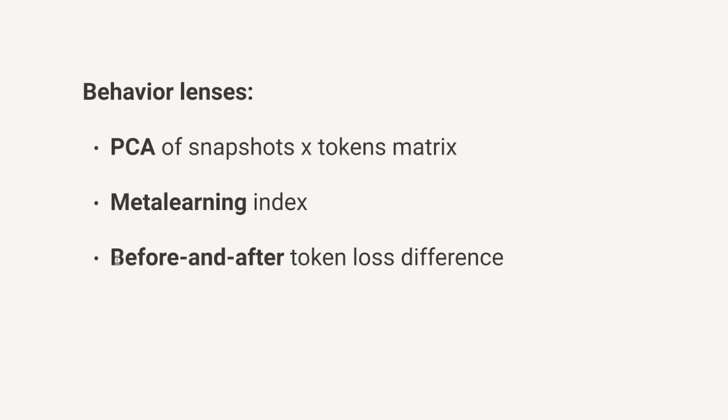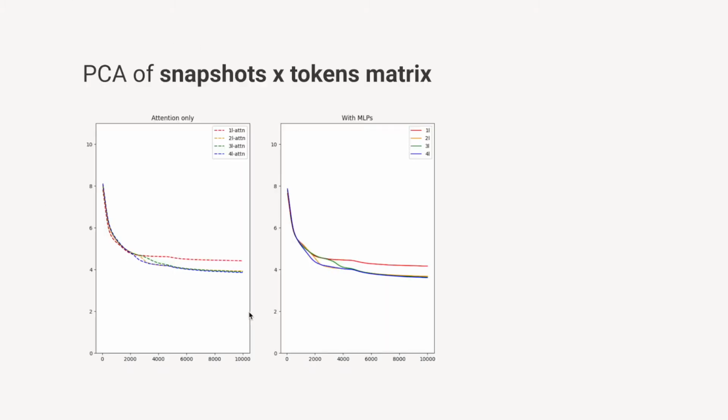And then I'll also look at this before and after token loss difference. That is to say, the overall difference between the token losses before the bump versus after the bump. If you subtract those behaviors, what's that delta? What's that delta vector in token space? So we'll go one at a time and break this down.